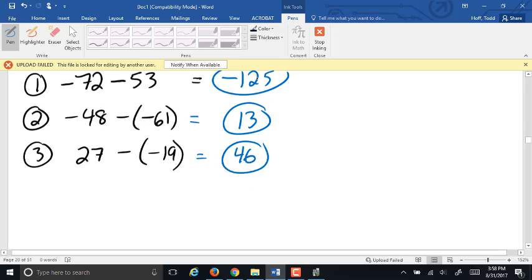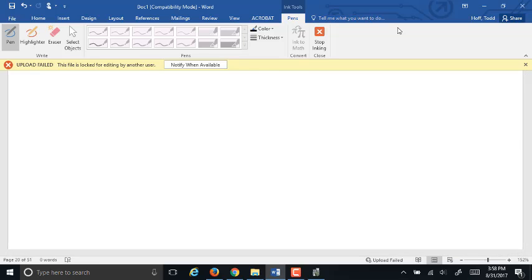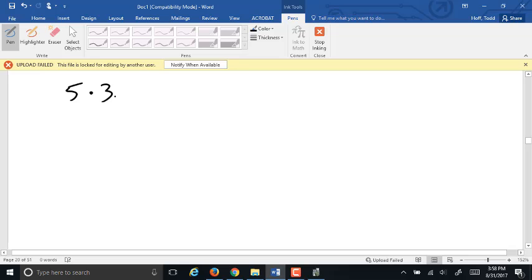Okay. Our next step, multiplication. We've already mentioned that multiplication, when we have something like 5 times 3, the definition of that multiplication is repeated addition. It's asking us to take that 5 and repeat it 3 times. 5 plus 5 plus 5 gives us 15.